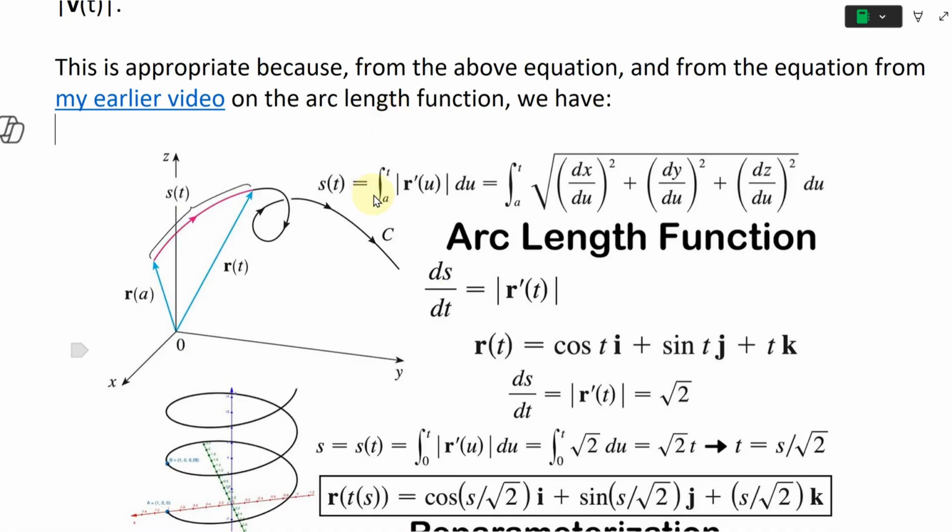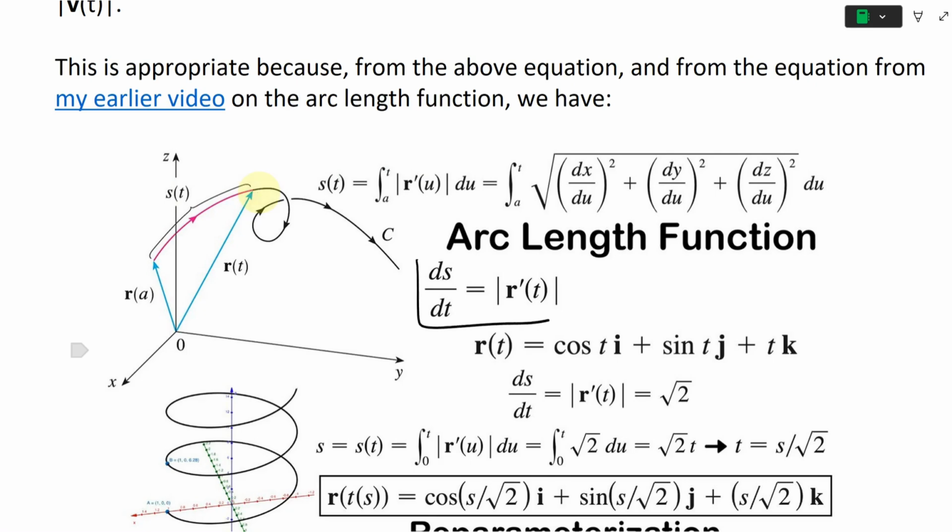In my earlier video, I showed that the arc length right here, from here to here, is equal to the integral from a to t of the magnitude of the derivative of the position vector. Because remember, the integral of the velocity gives you the position. I showed that it's equal to this thingy, and this equation is the one we're going to look at.